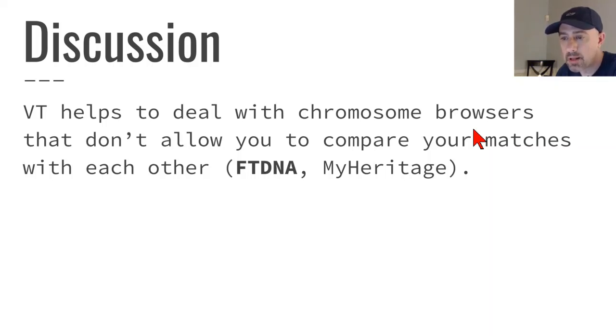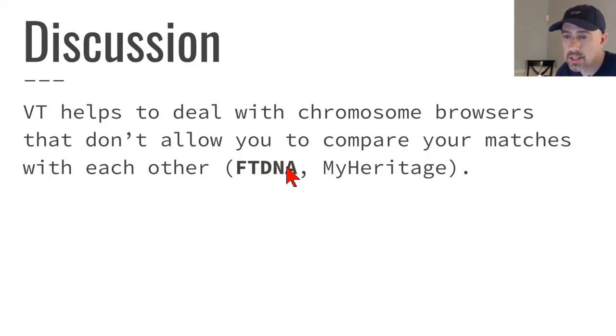I'll also note again, visual triangulation helps to deal with chromosome browsers that don't allow you to compare your matches with each other. I'm thinking particularly of Family Tree DNA. They have a good chromosome browser over there, but you're not allowed to compare your matches with each other. So visual triangulation can help out there, particularly given the fact that Family Tree DNA also has no triangulation tools.